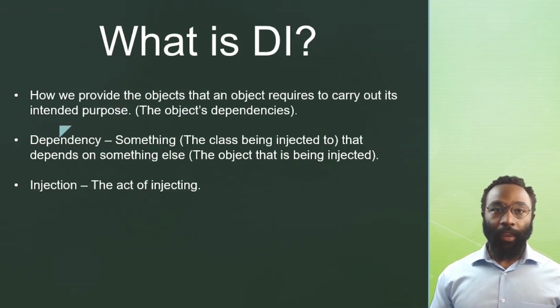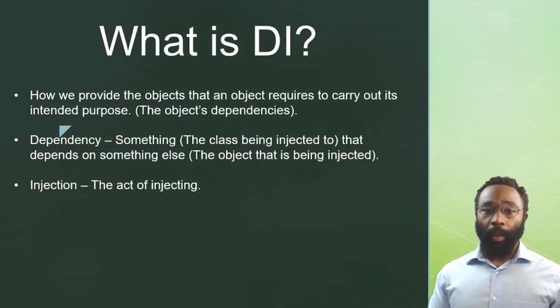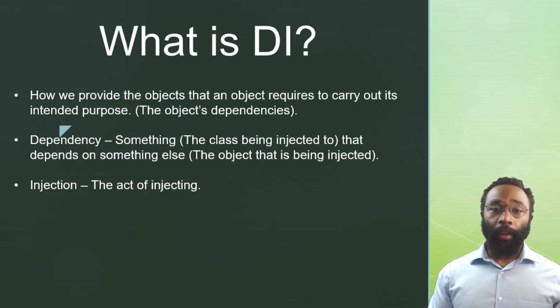And injection is the act of injecting. You're going to see in these code examples when we pull up our IDE how this is very much like injecting something, just like how you would get an IV at a hospital or something. We're literally just placing this into the object very specifically, very concisely.